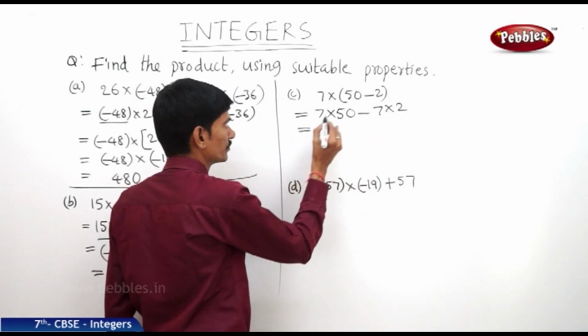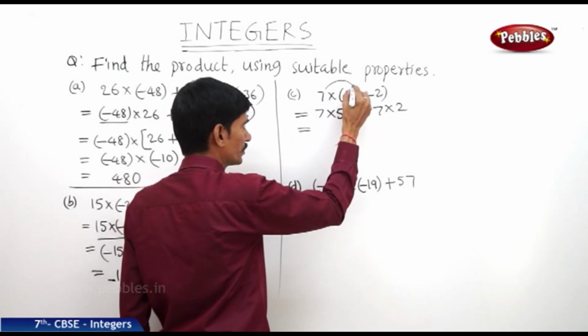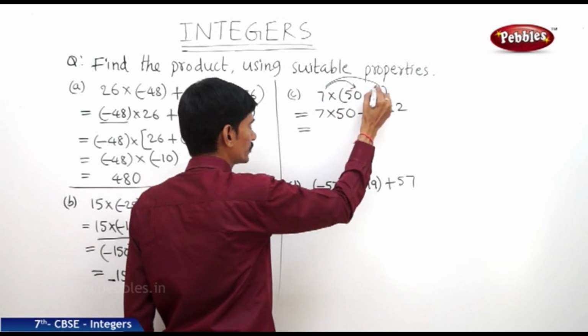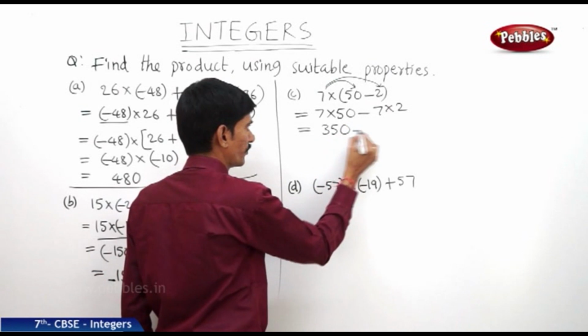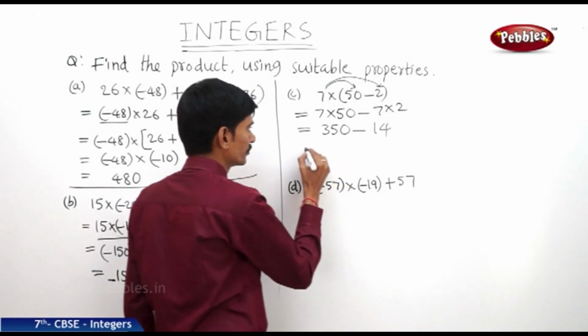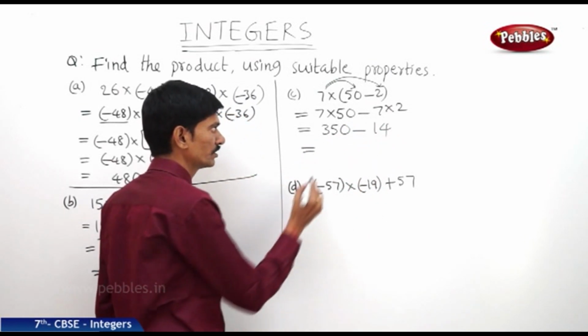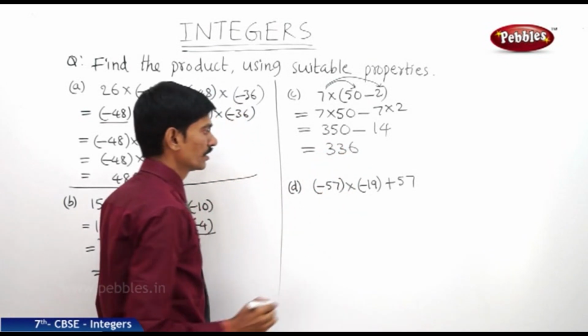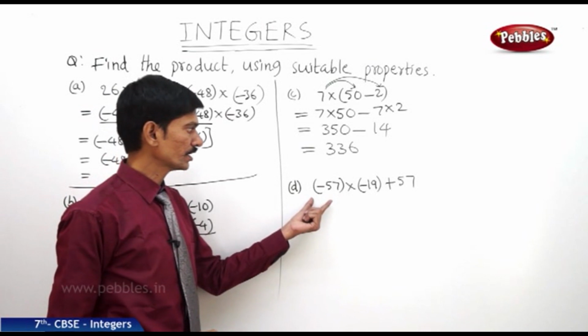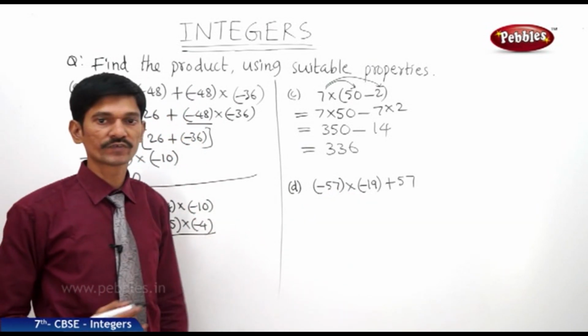So this equals to 7 into 50 is 350 minus 7 2s are 14. So this equals to 350 minus 14, which is 336.